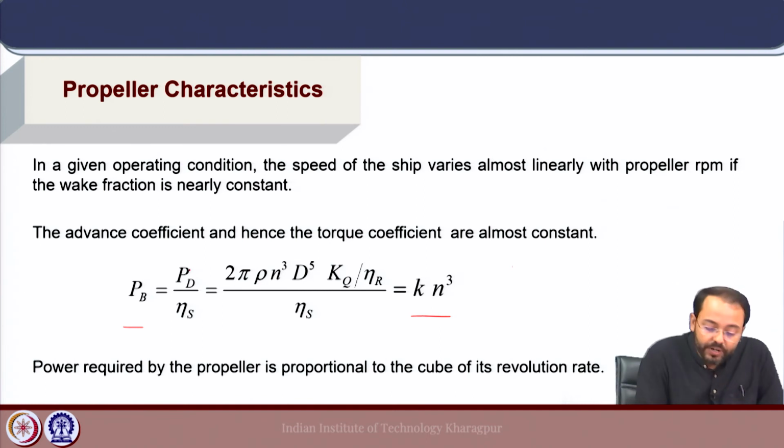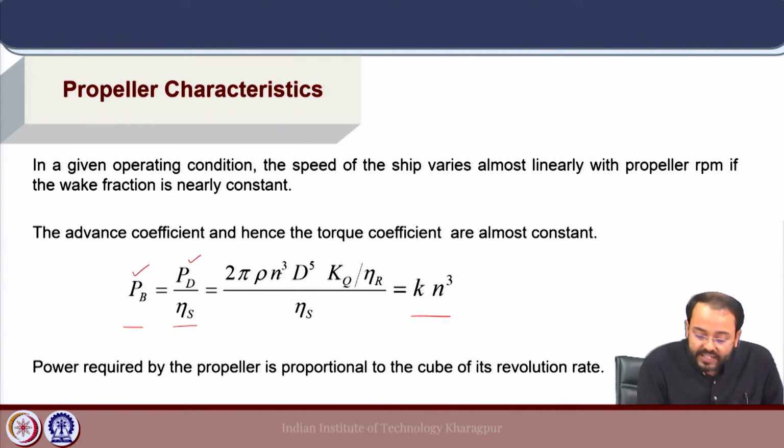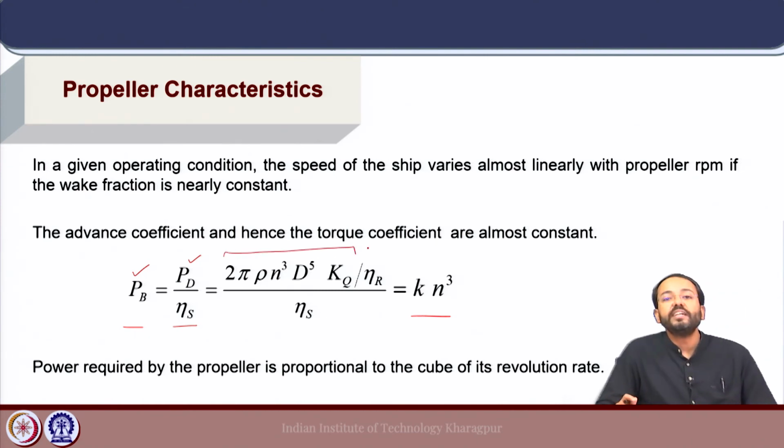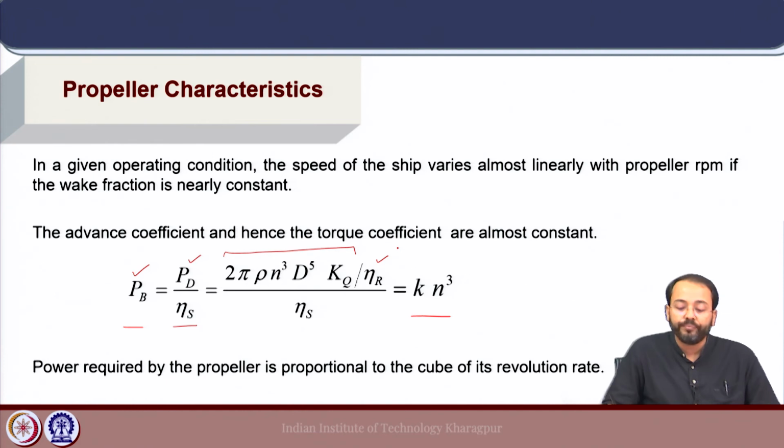The delivered power Pd divided by the shafting efficiency will give the brake power of the engine, and this delivered power is given by 2 pi n multiplied by the torque, and that expression can be written in this form, where kq is the torque coefficient. If that kq is written as the open water torque coefficient, we have the relative rotative efficiency eta r coming.